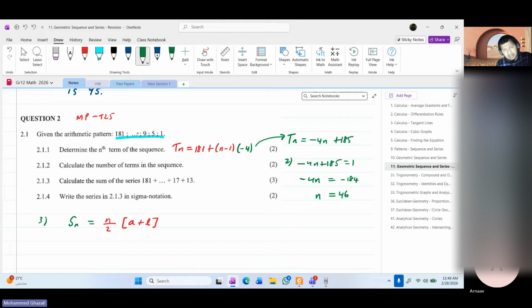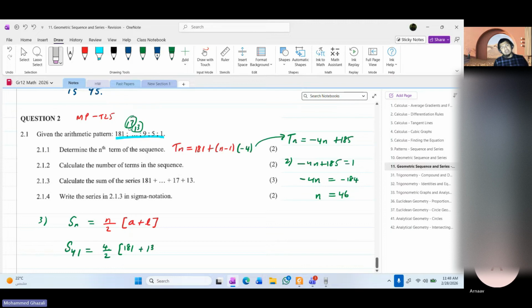See, if you go 1 back, you'll get 13. If you go 1 back, you'll get 17. 17, 13. You can minus 5 from here. So you have 41 terms. So you're calculating S41. 41 over 2. A is 181, plus last term is 13. No, sorry, not 41. How many terms are you minusing? 1, 2, 3.